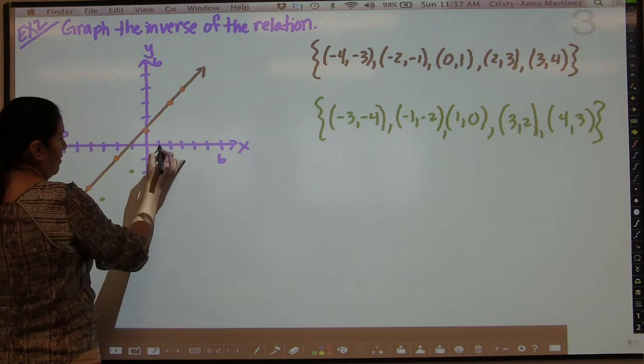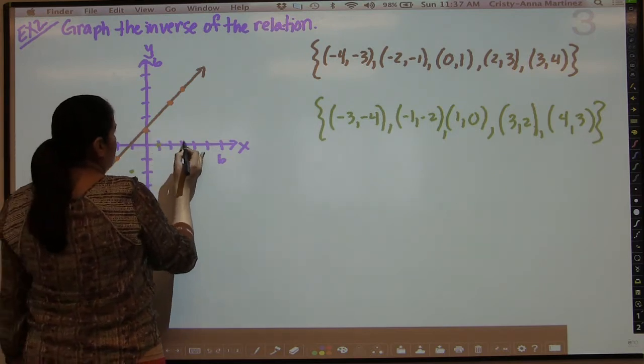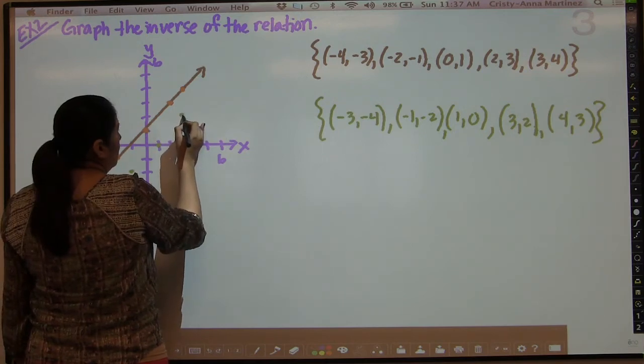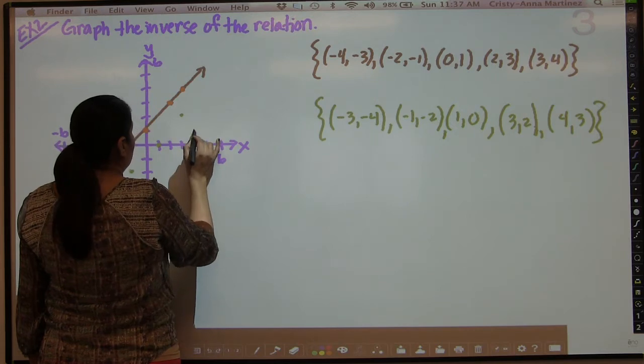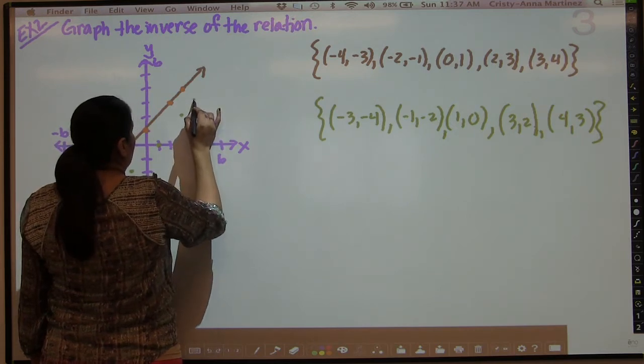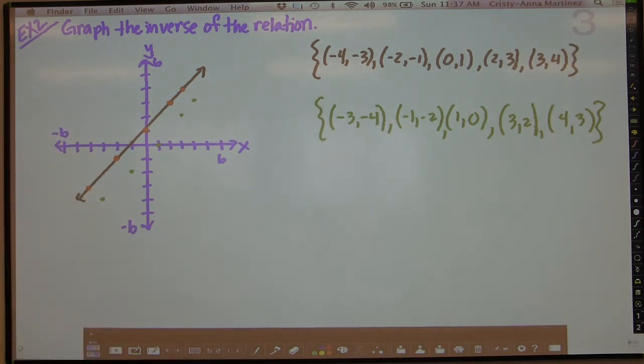Then we're going to have (1, 0), (3, 2), 1, 2, 3, 2, and (4, 3). 1, 2, 3, 4, 3, somewhere right there. And then we're going to graph that line.